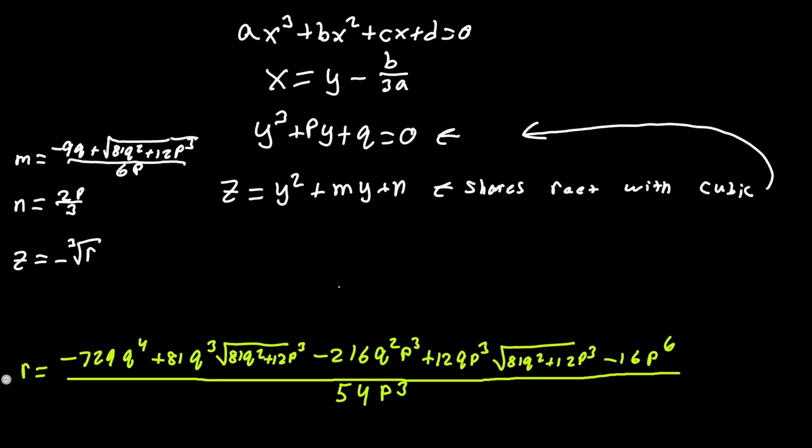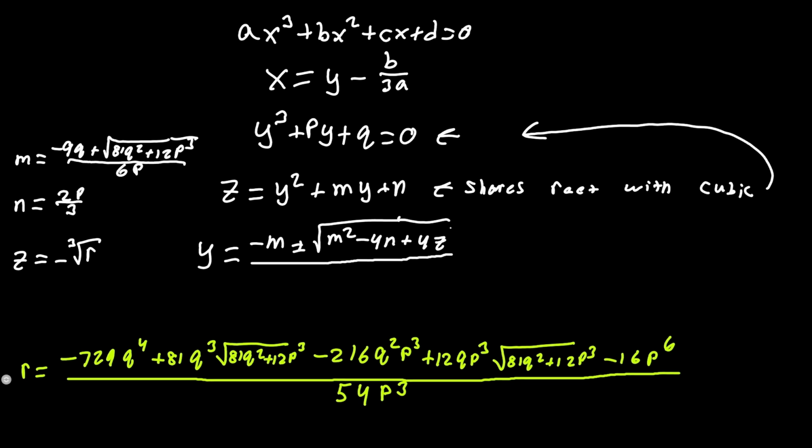So here what we have to do is simply plug z into that quadratic, and solve using the quadratic formula in terms of y. So y is equal to negative m plus or minus the square root of m squared minus 4n plus 4z, all over 2.